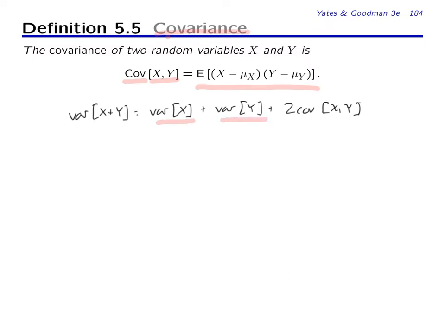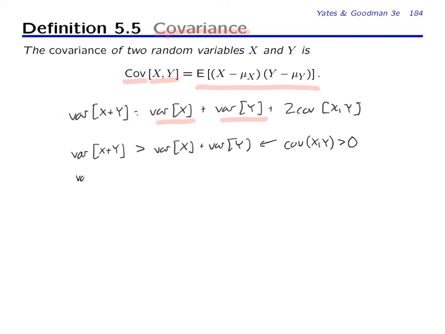And then we have this covariance term, and the covariance term actually can be either positive or negative. So one possibility is that the variance of x plus y is actually greater than the variance of x plus the variance of y. And this occurs when the covariance of x and y is greater than 0.